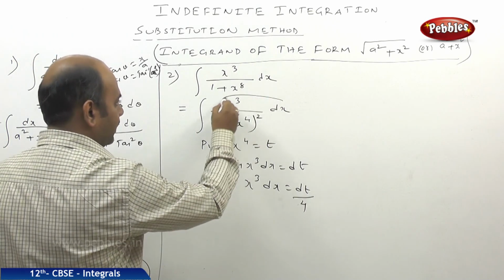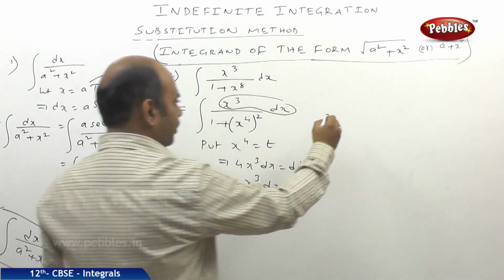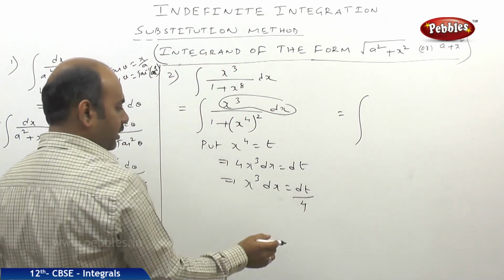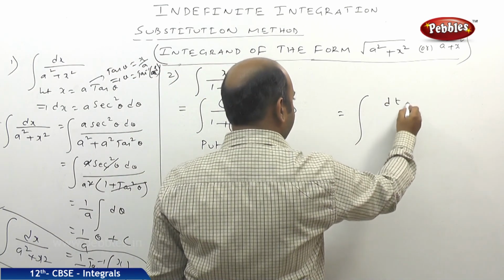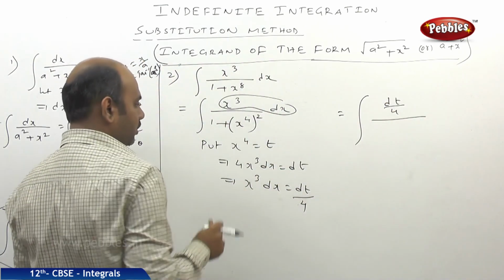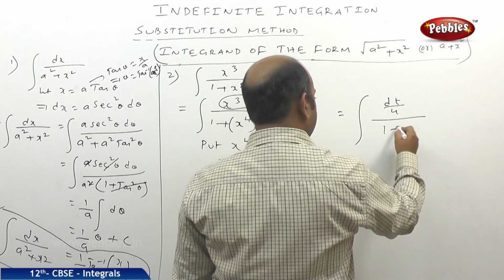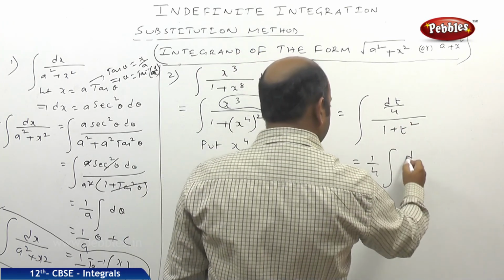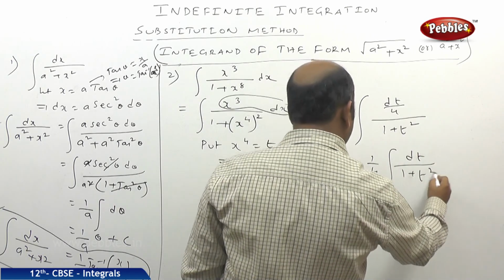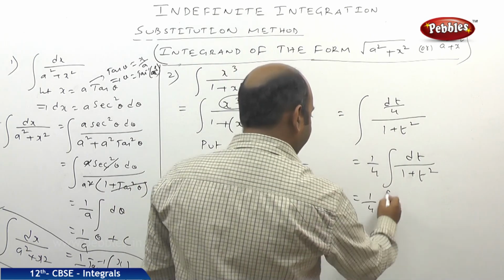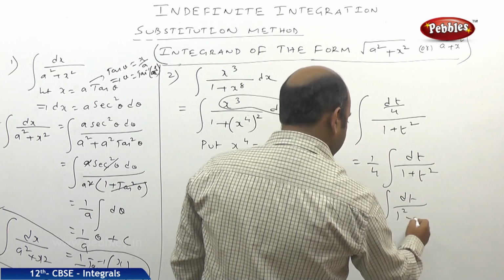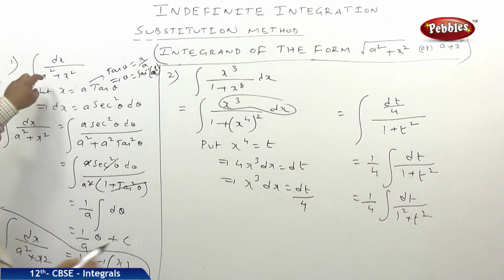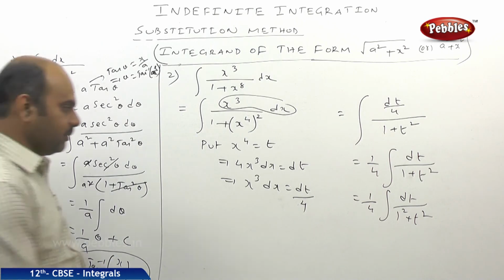So numerator turns down to dt by 4, and our denominator becomes 1 plus t square. If you observe carefully, 1 by 4 and dt by 1 plus t square, and this can be written as 1 by 4 dt by 1 square plus t square, and it is taking the shape of this particular problem, dx by a square plus x square, that is nothing but 1 by a tan inverse x by a plus c.